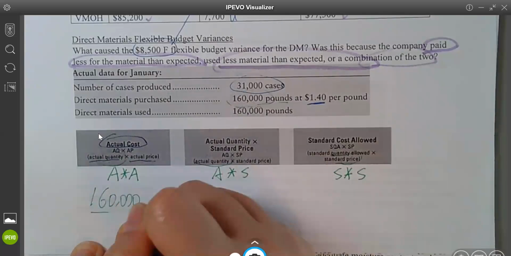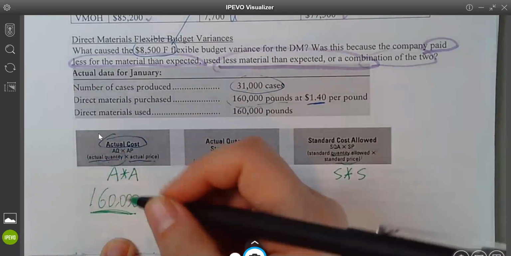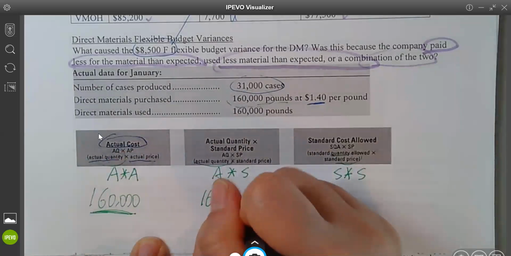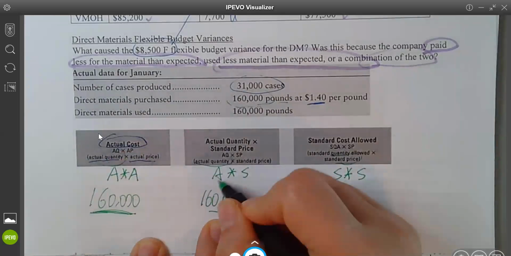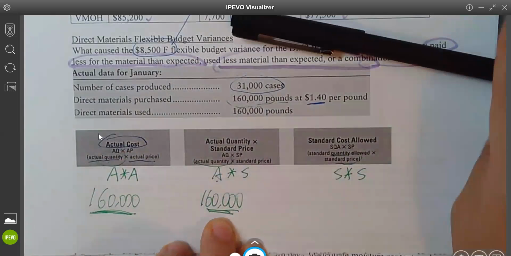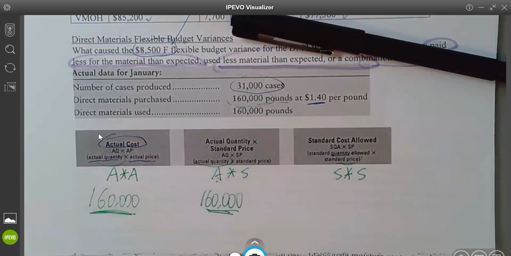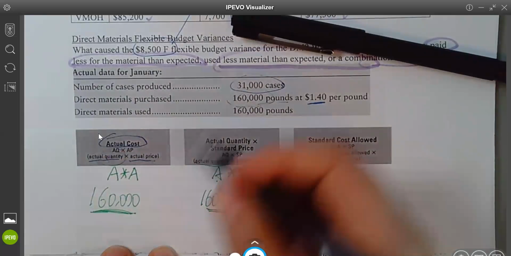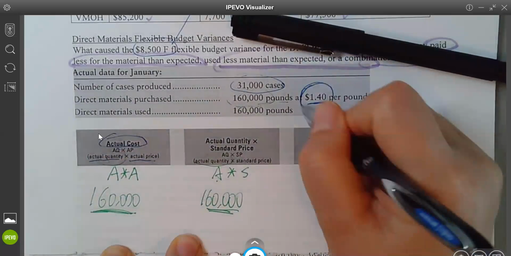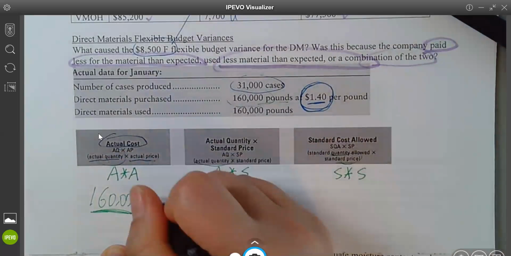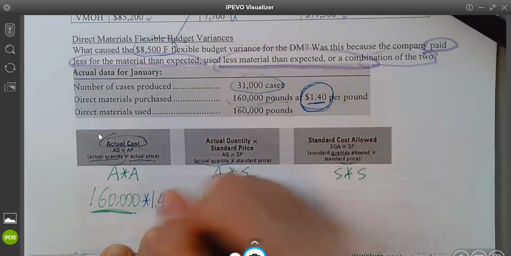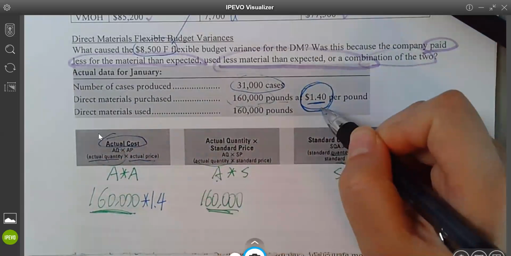Once you put 160,000 there, you can just put 160,000 here directly because they are both actual units. Our actual price is how much? Actual price is $1.4 per pound.